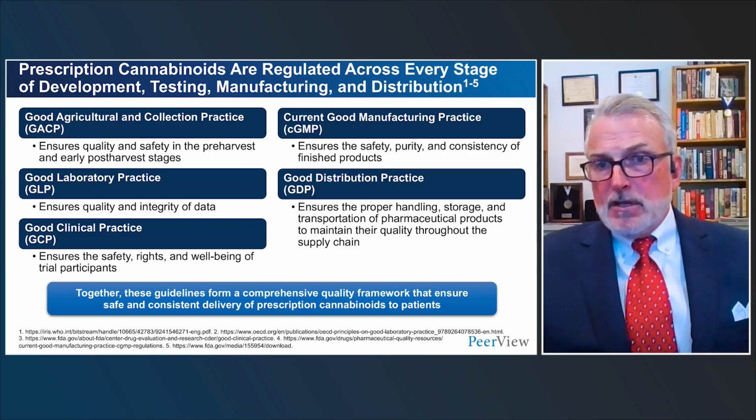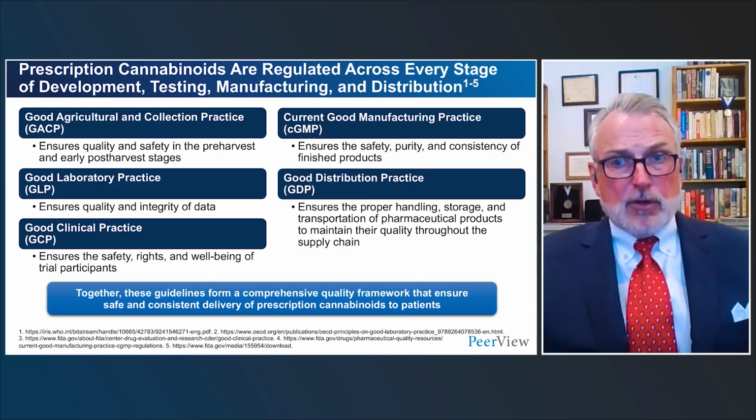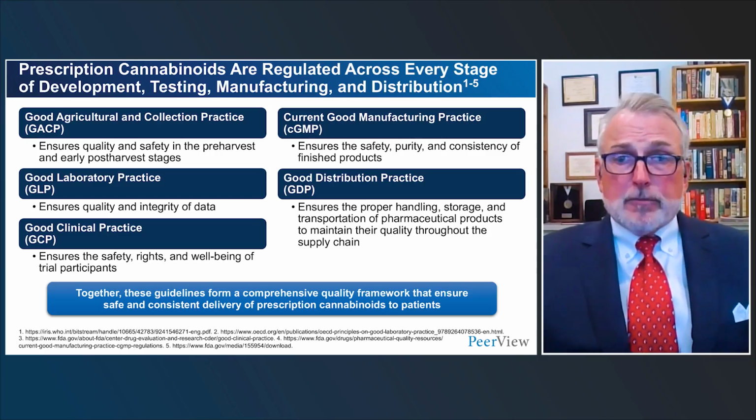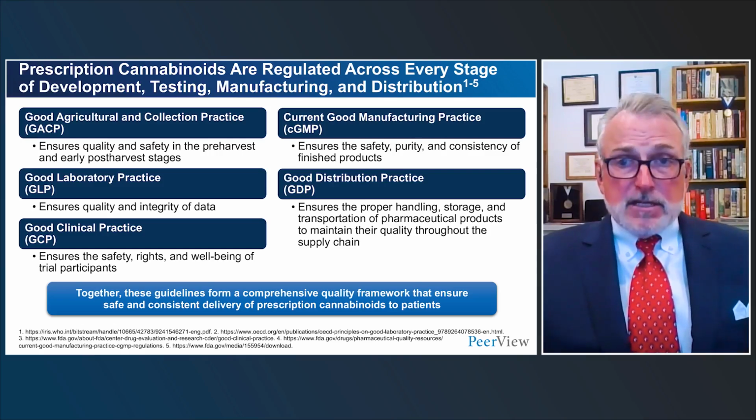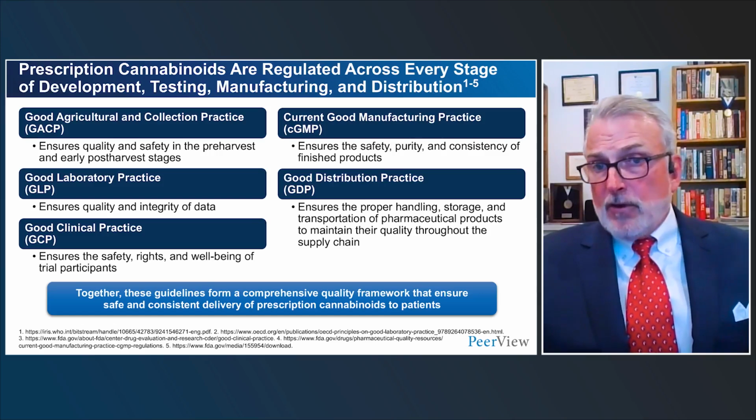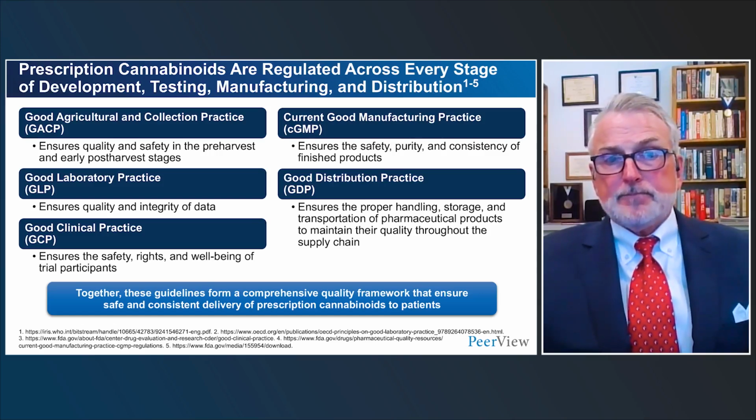None of this is required of over-the-counter products. And frankly, there are unscrupulous entrepreneurs out there that are exploiting this excess of CBD oil, for instance, that's on the market because of the Farm Bill of 2018.